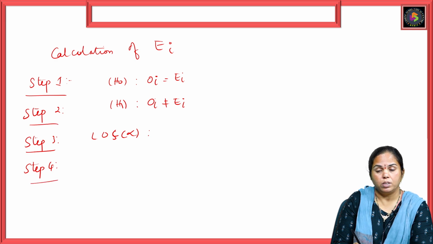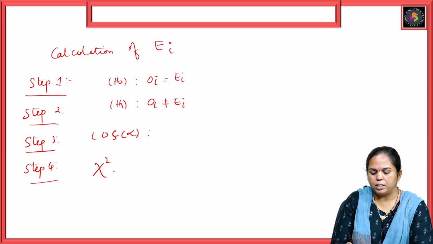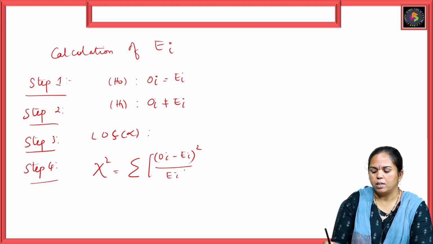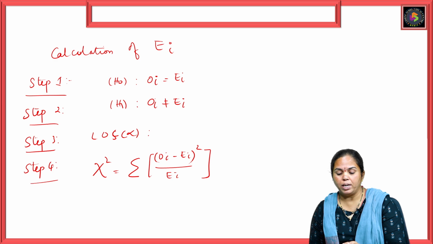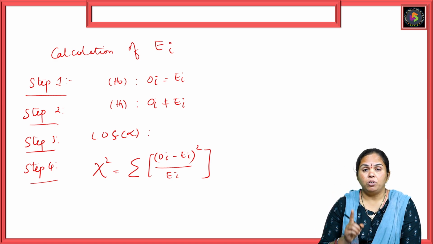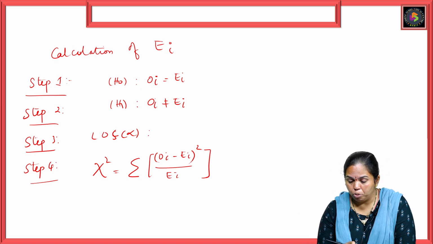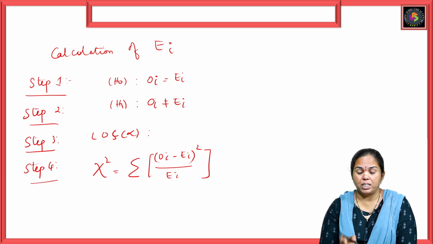Step 4, test statistic. The formula is given by chi-square equal to summation of (OI minus EI) whole square by EI. This is the formula. Do not make mistakes when you are solving the problem. Many students make the mistake at this step.